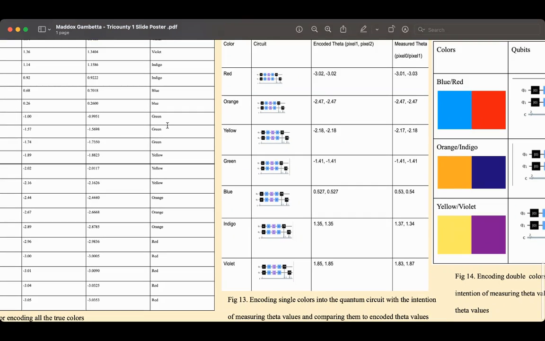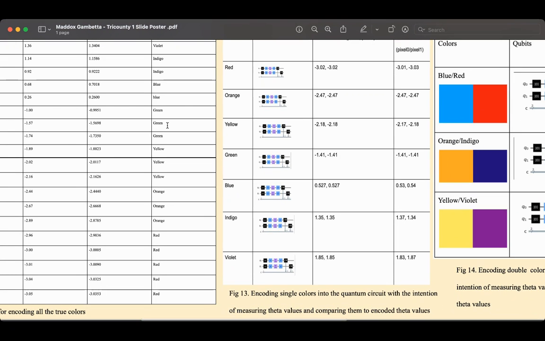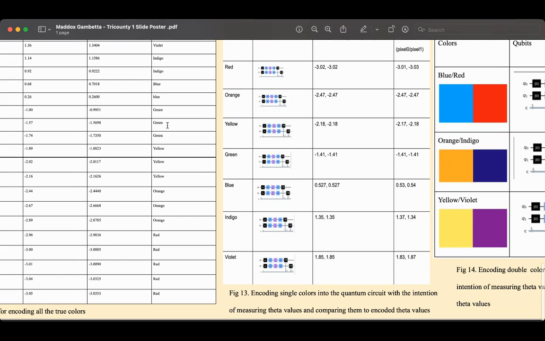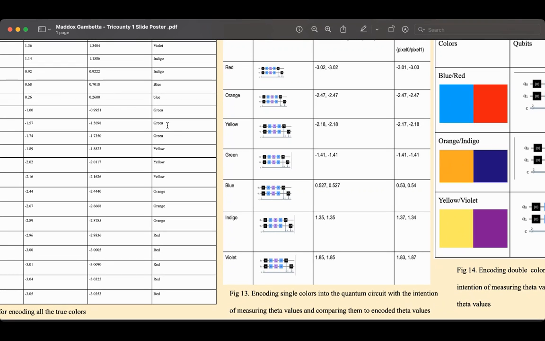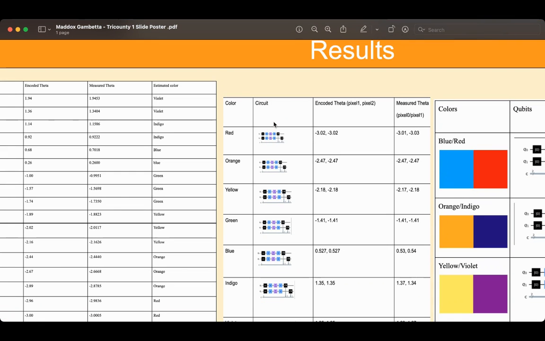The next table was my color circuit for encoding a singular color and comparing the different sides of the image. The percent error for my results on this one was 0.33%, which again shows that encoding on a quantum computer is highly accurate, and that you can also use the quantum computer to tell the difference between the colors of 2 sides of an image if you were to use the table from before in reference.